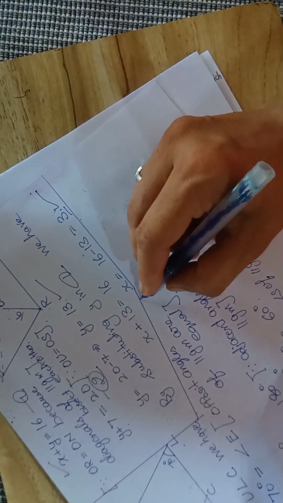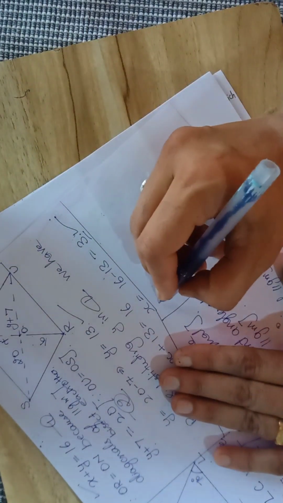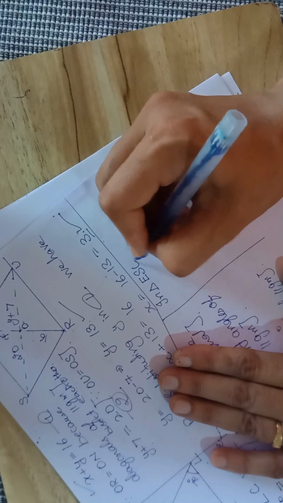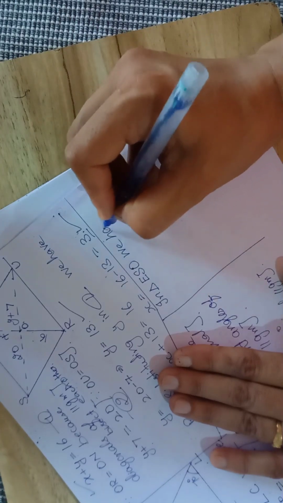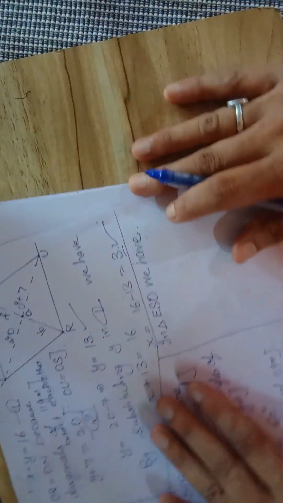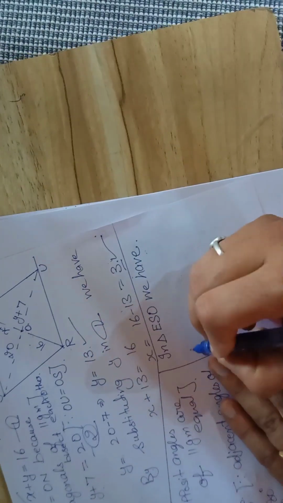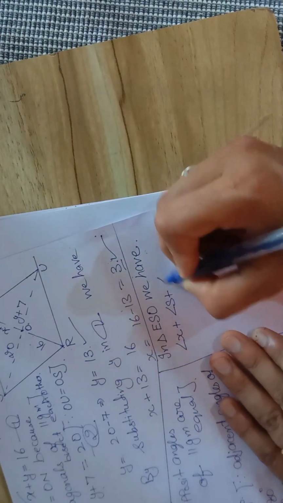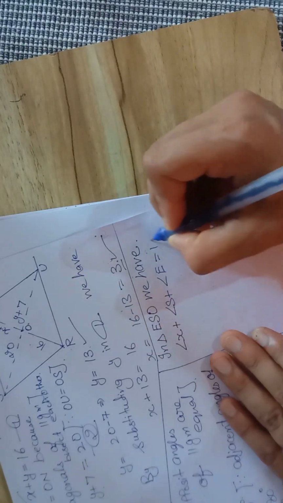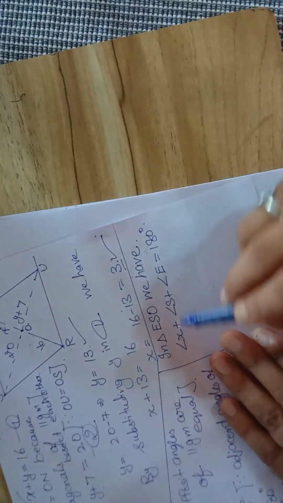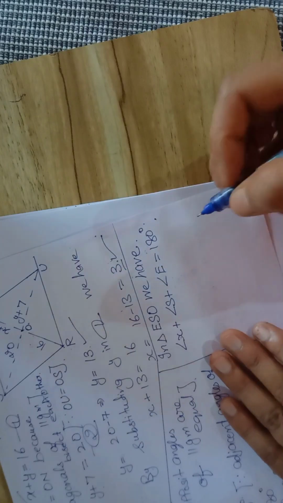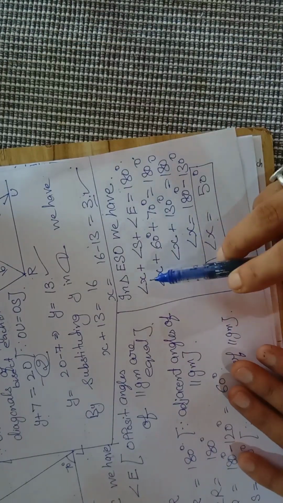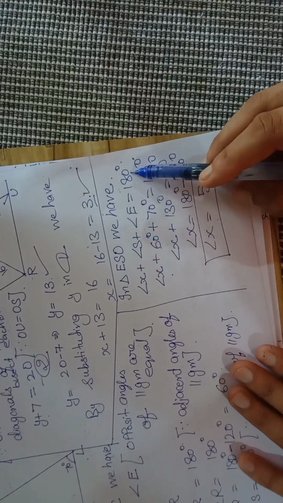So, in triangle ESO, we all know the sum of three angles of a triangle is 180 degrees. So angle X plus angle S plus angle E is equal to 180 degrees.